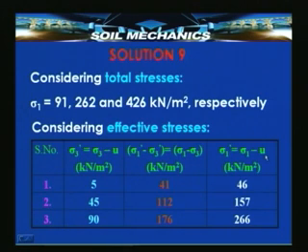Since the pore pressure u gets deducted from sigma 1 as well as sigma 3, the difference between sigma 1 and sigma 3, and sigma 1 dash and sigma 3 dash, will both be the same. So, the deviatoric stress in either total stress or effective stress terms is identical.